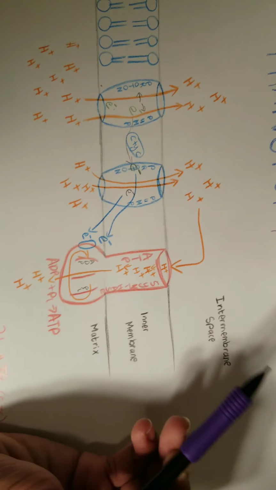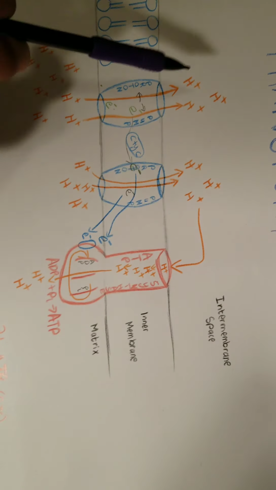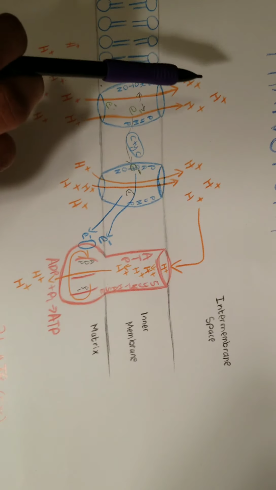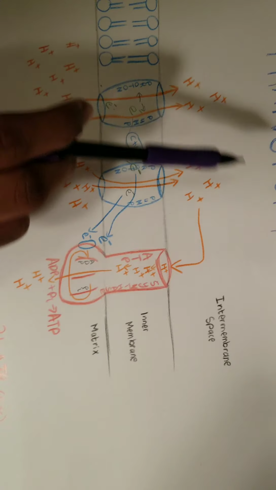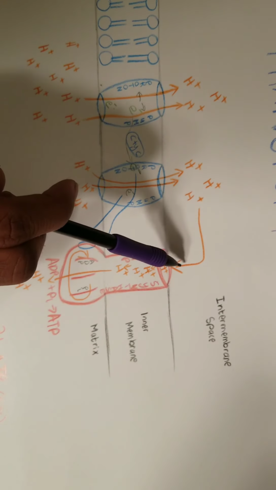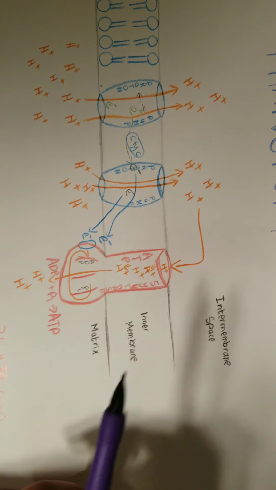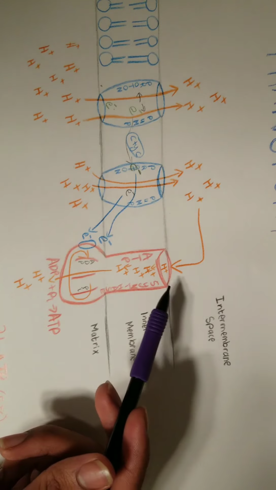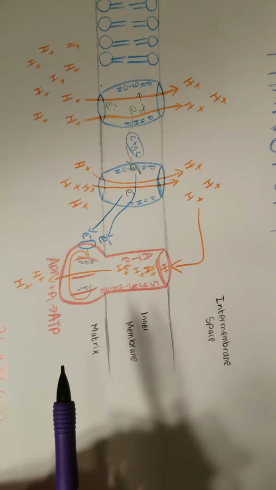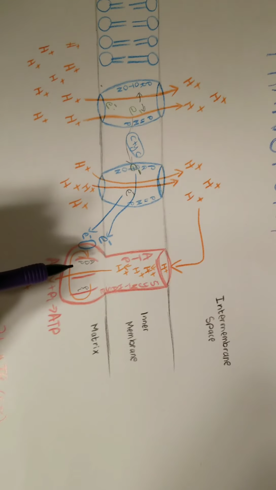So when the protons that came from here went up there and made a bunch of protons over here, they're going to move from here to here. Well, not so quickly. When they're going down through the ATP synthase, basically this thing is like a windmill.